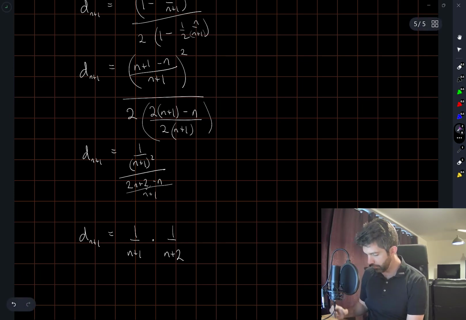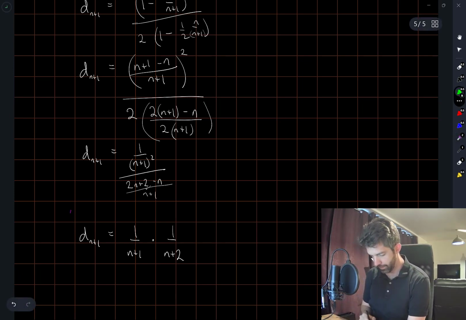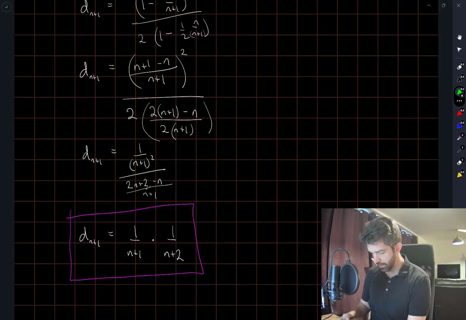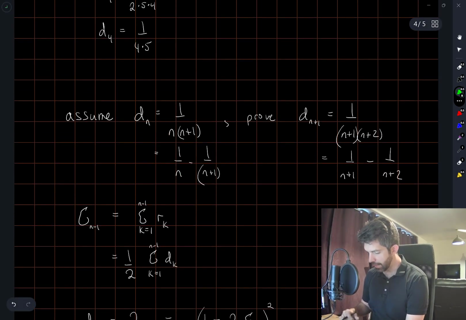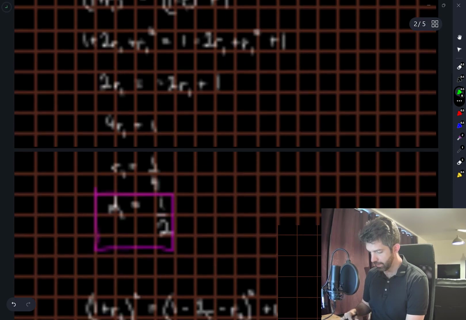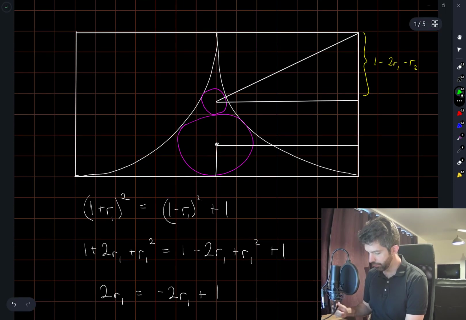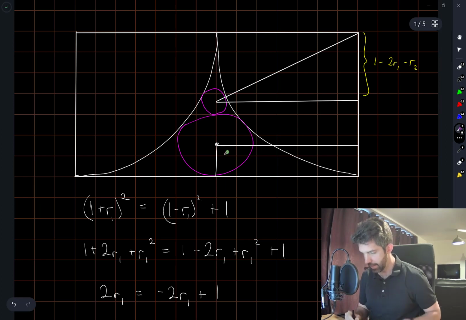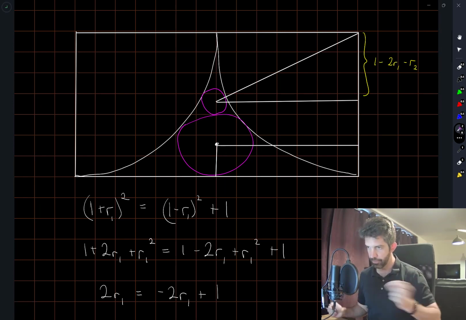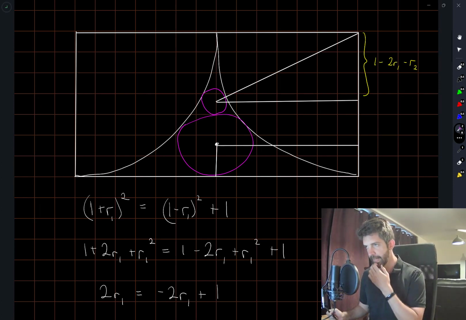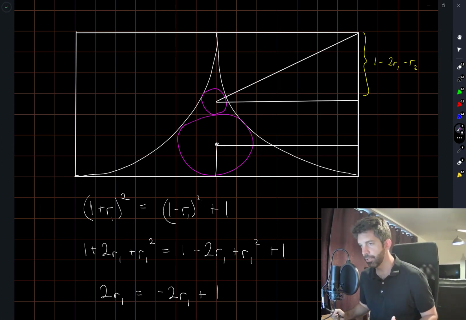So what were the key steps in this? Well, using the diagram and identifying this Pythagorean relation that allowed us to relate each new radius to all the previous radii, that was one key for sure.